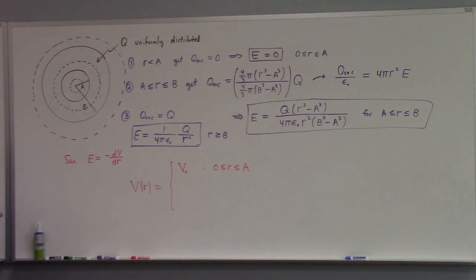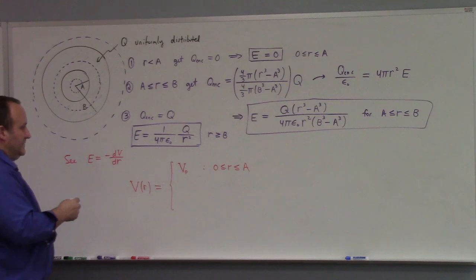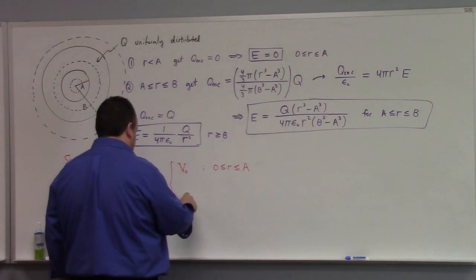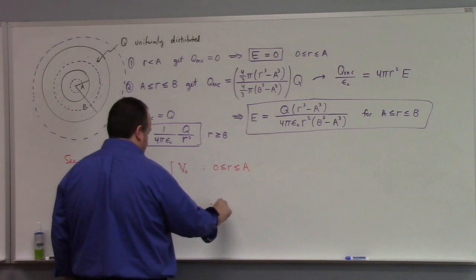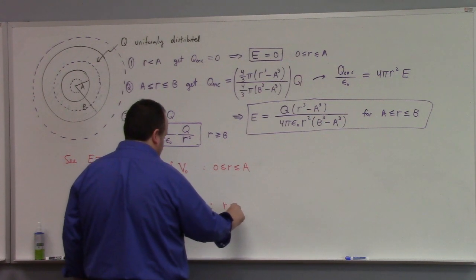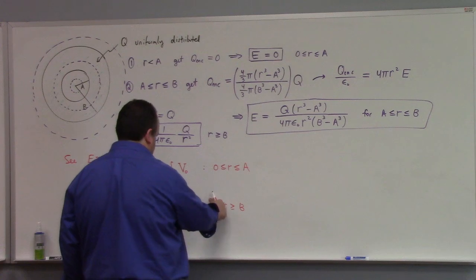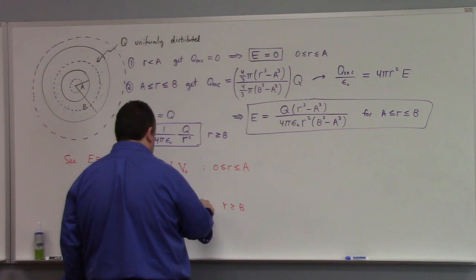And then if I integrate the other case, this one down here, of course I'll get Q over 4 pi epsilon naught r, and that's going to be for r greater than or equal to b. Now, I have to add plus a constant, let's call it v3.